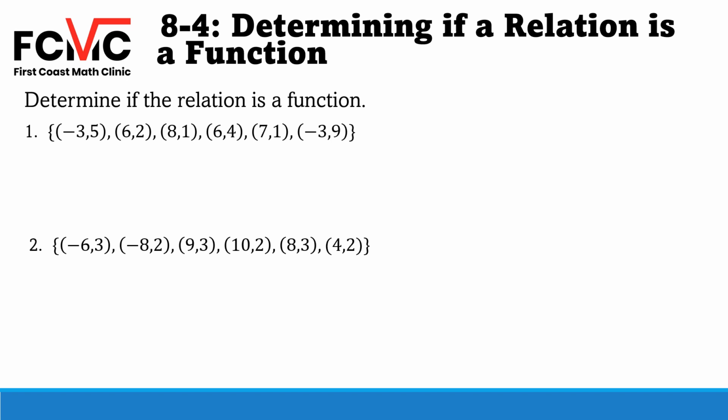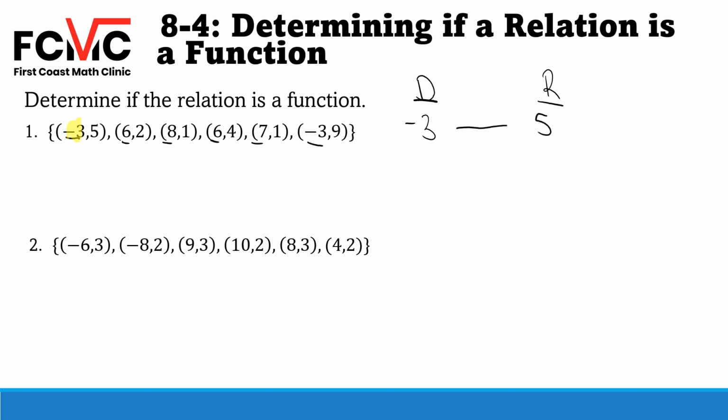So if they're functions, each value in our domain, our first value, is going to be paired with exactly one value in our range. So let's start with our domain, our x value, and figure out, are any values in our domain paired with multiple values in our range? So let's look at that -3 to start with. So we know our domain, the first values, and we notice that -3 is paired with 5.